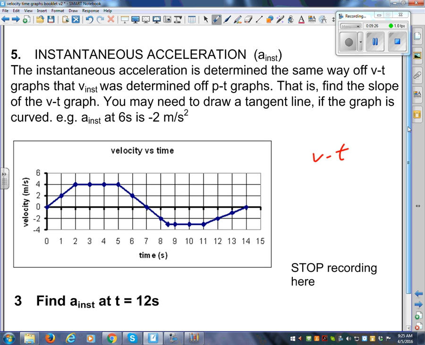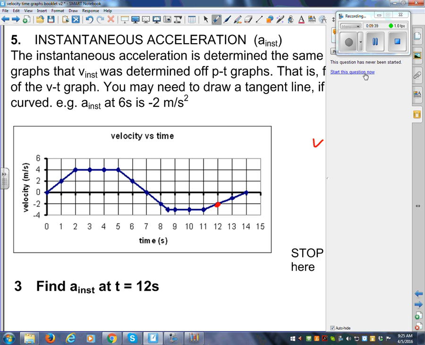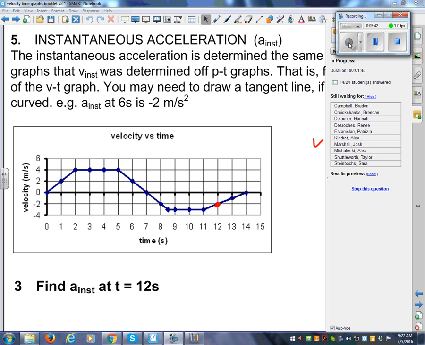Okay, so go ahead and tell me what a_inst at 12 seconds is. Right there. What is the instantaneous acceleration at 12 seconds? We seem to be stalled a little bit here. Instantaneous acceleration on a VT graph, we find the slope. So I'm asked to find instantaneous slope at 12 seconds.